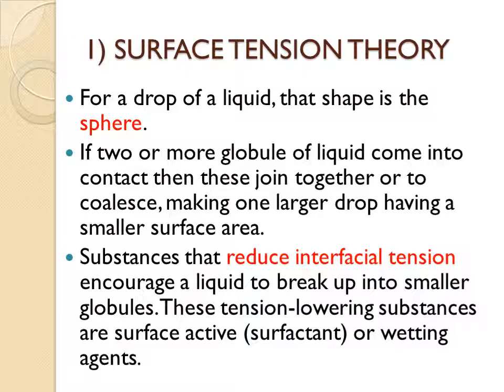That's why the particles accumulate into a sphere shape, so that they do not have more surface area exposed to the other immiscible liquid. So the spherical shape is what we commonly obtain.